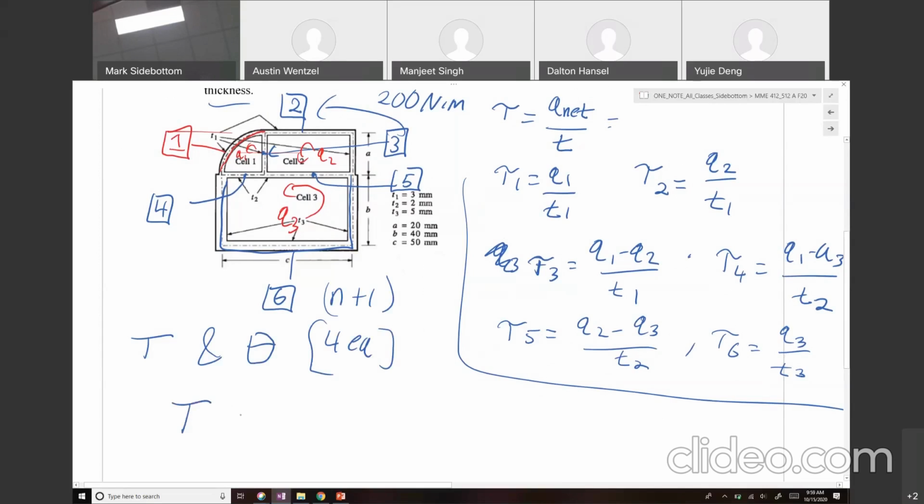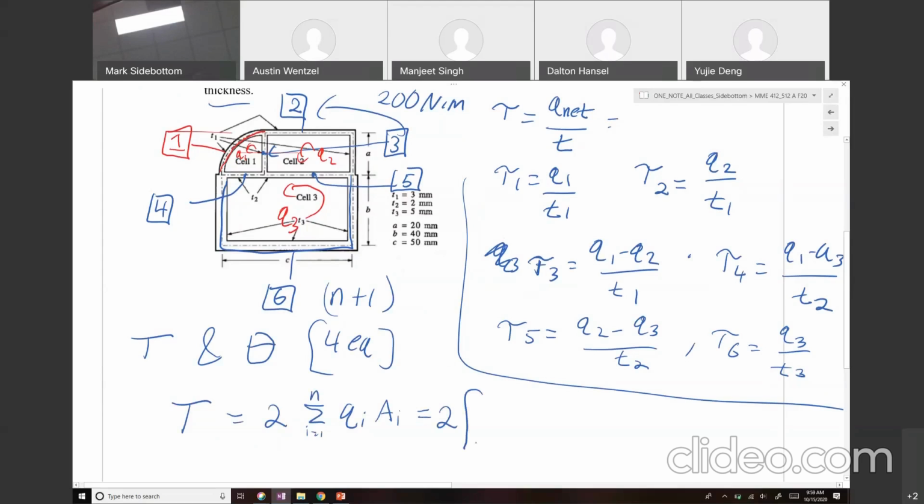The overall torque is going to be equal to 2 times the sum of the shear flows in each of the cells times the area of each of the individual cells. So we have 3 cells: cell 1, cell 2, and cell 3.